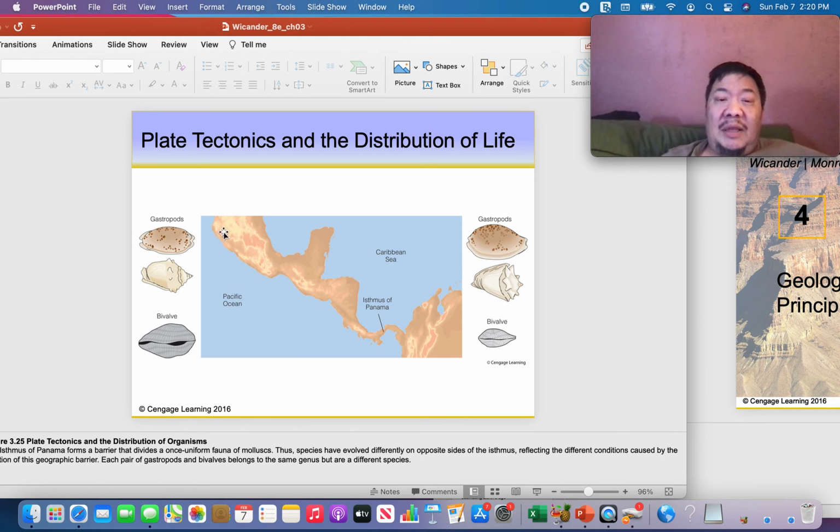So plate tectonics can cause new species to evolve when you separate an original species into two groups, one on one side of a land barrier, one on the other side of a land barrier.